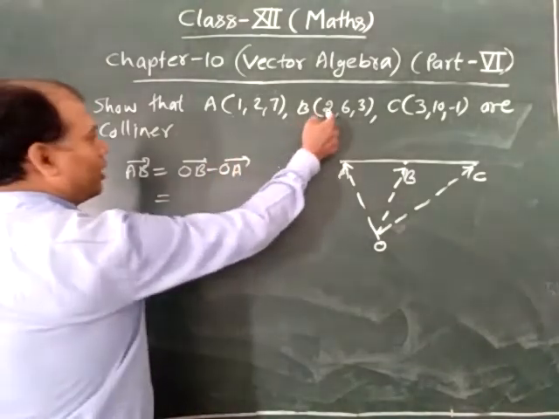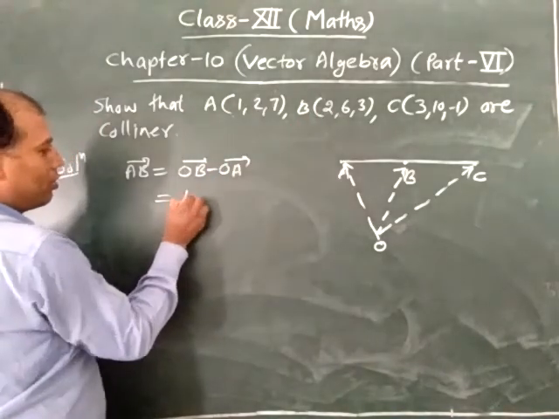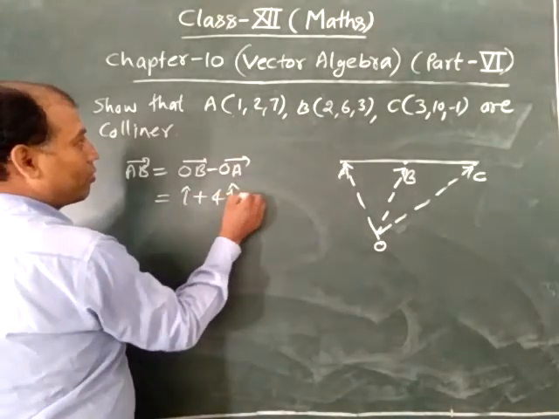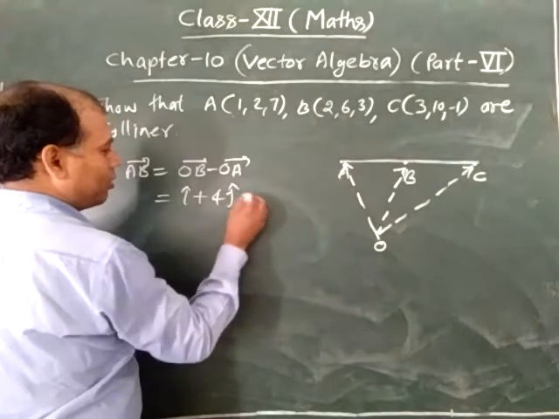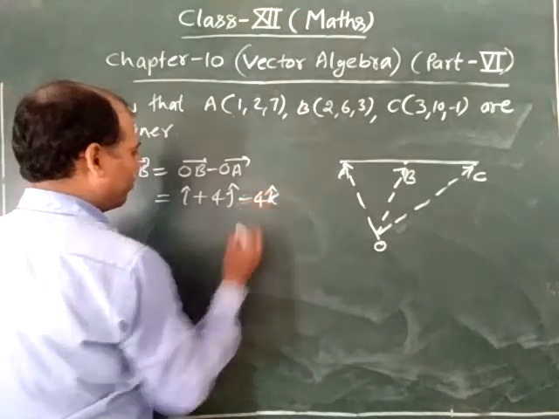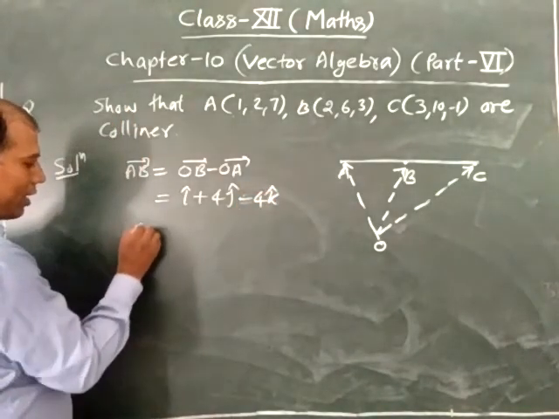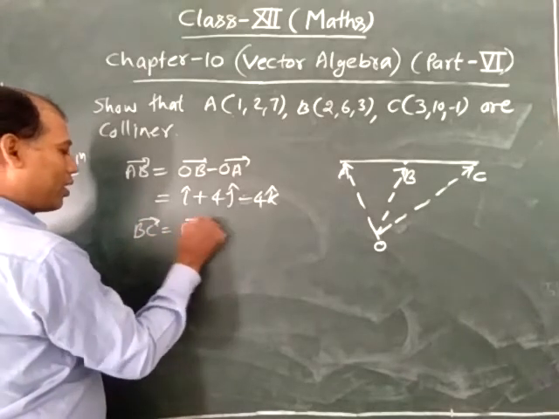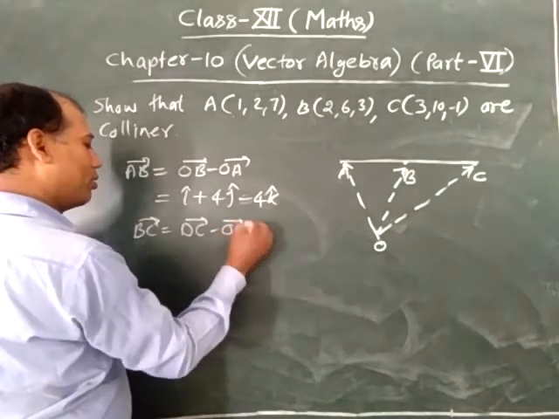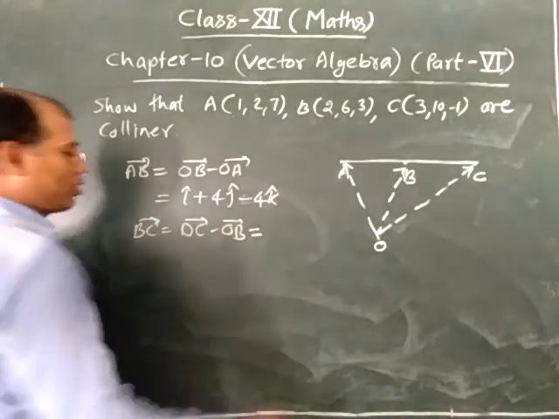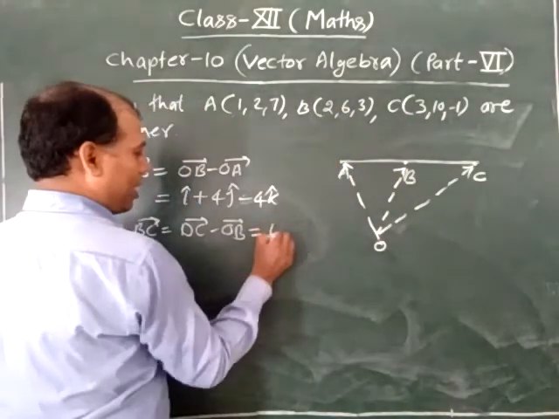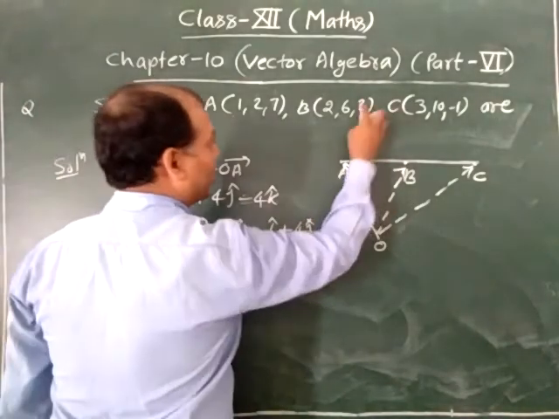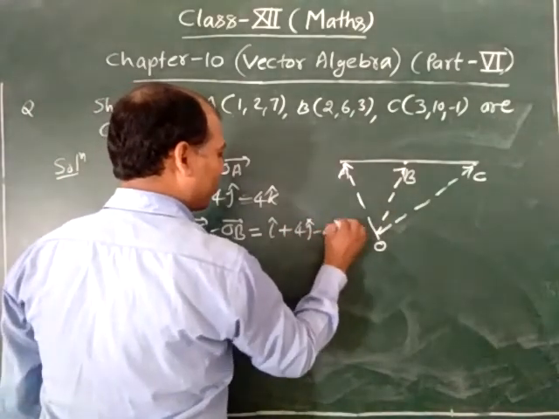So this can be written as (2 minus 1)i, (6 minus 2) 4j, (3 minus 7) minus 4k. Similarly, vector BC is equal to vector OC minus vector OB, and this is equal to (3 minus 2)i, (10 minus 6) 4j, (minus 1 minus 3) minus 4k.